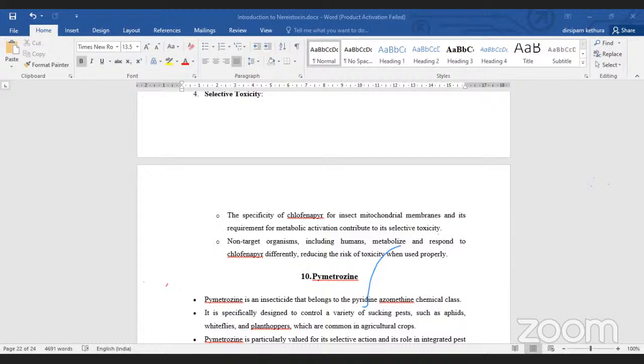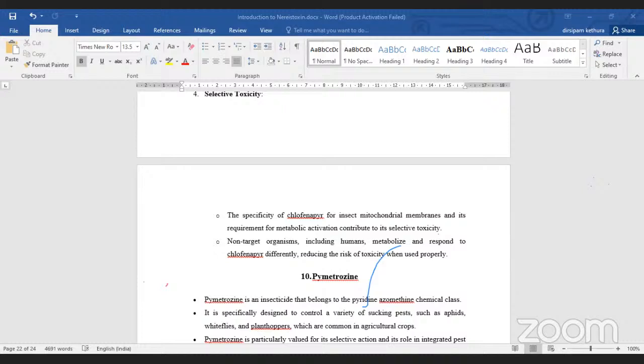If you could see, this chlorfenapyr is a pro-insecticide. It should be activated to show its action on the insects, and it has the pyrrole ring with bromine, chlorophenyl, and carbon and other substituents.